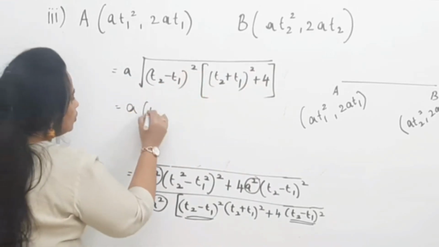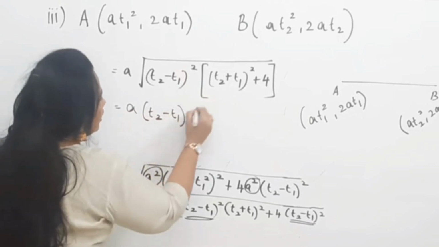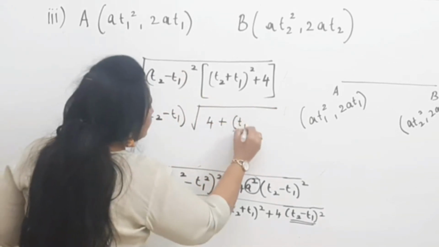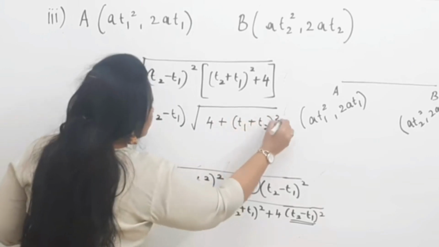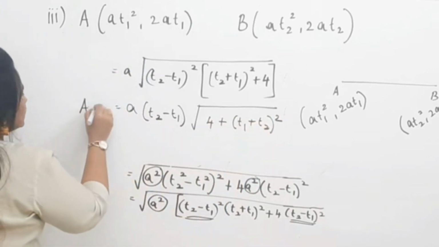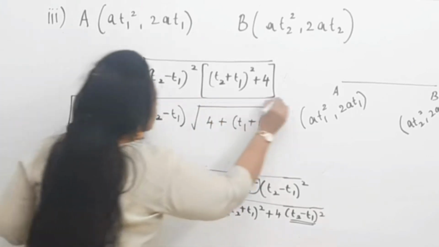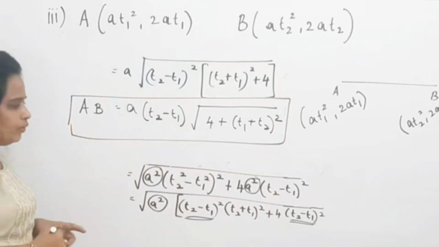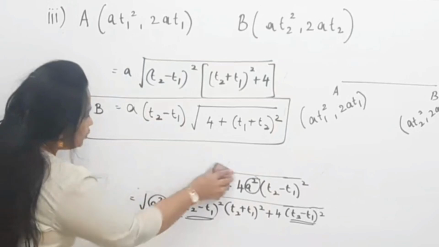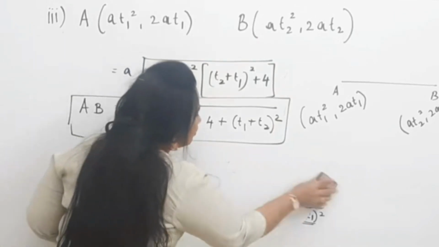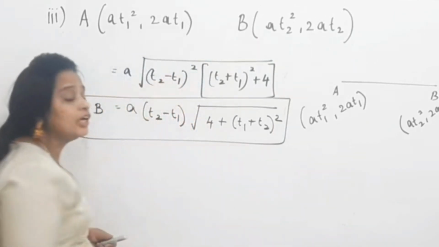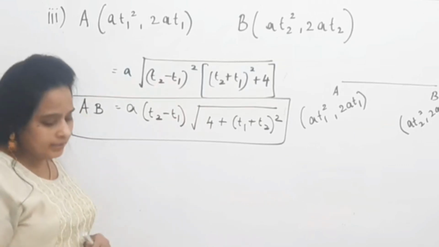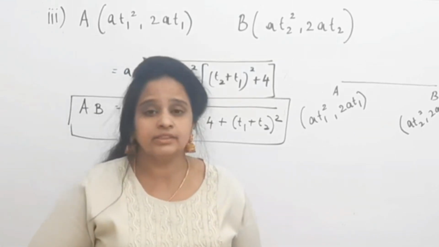So a into (t2 minus t1) into the square root of 4 plus (t1 plus t2) the whole square. This is my answer to find the distance between these 2 points A and B. So you have to be very careful when you use multiple variables as the coordinates. So this is how you will find the method to get the answer.